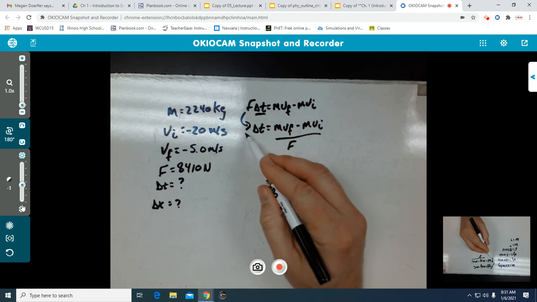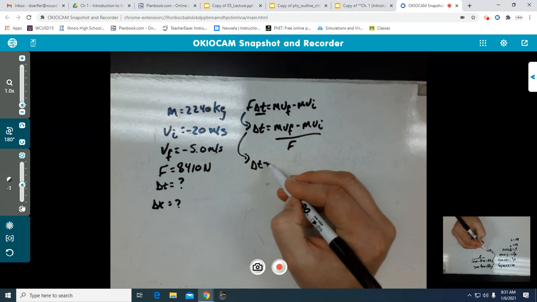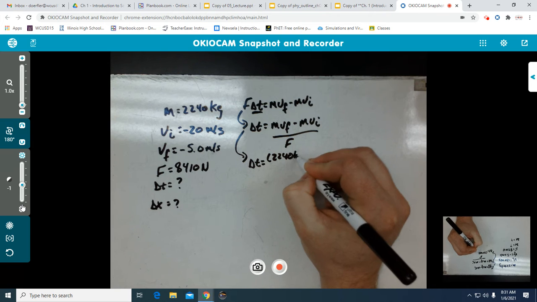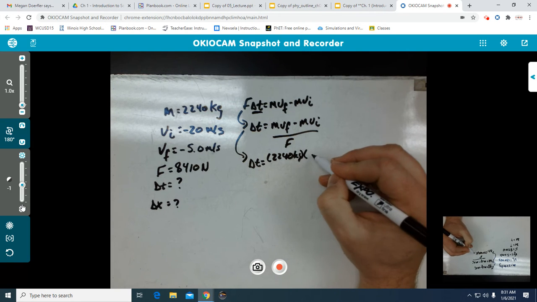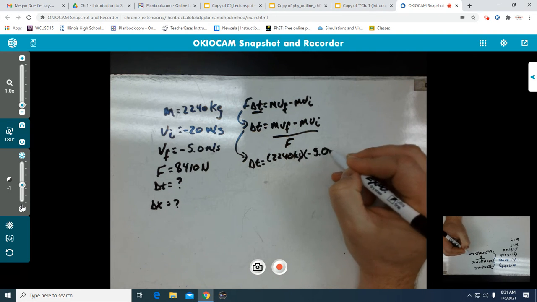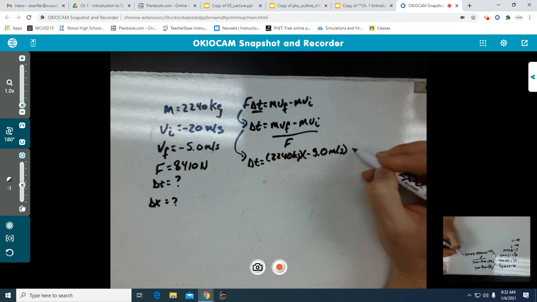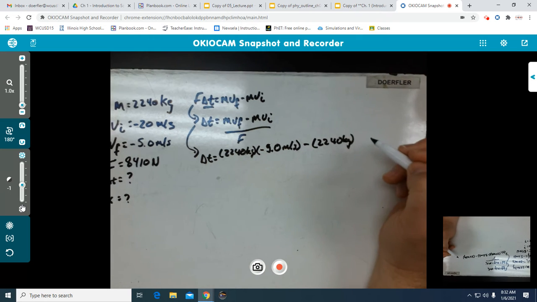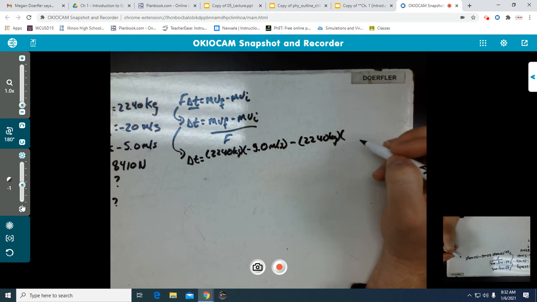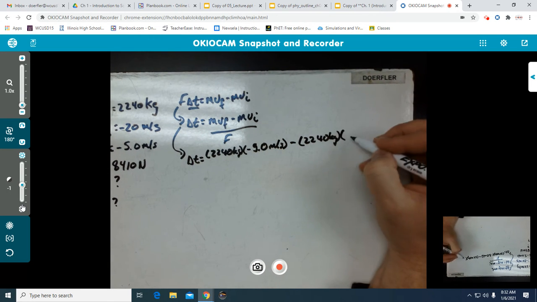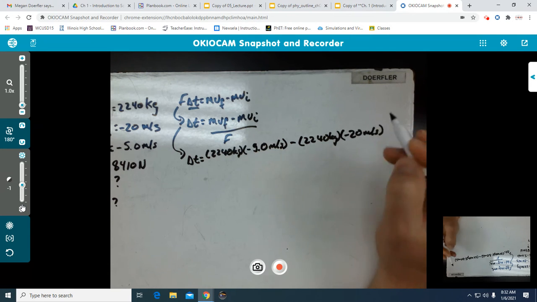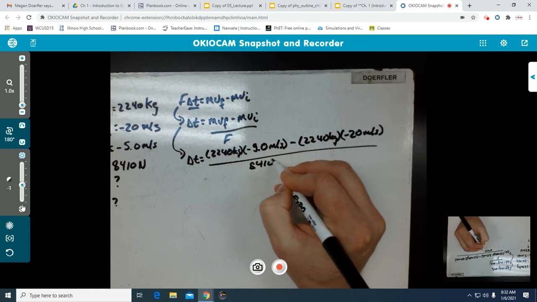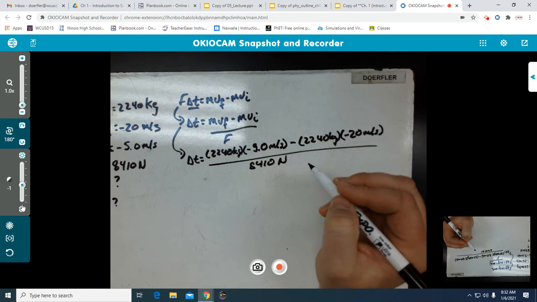Now we simply plug in our values here. Our mass of 2,240 kilograms, our final negative 5.0 meters per second, minus our mass of 2,240 kilograms multiplied by our initial velocity of negative 20 meters per second, all over the force of 8,410 newtons.